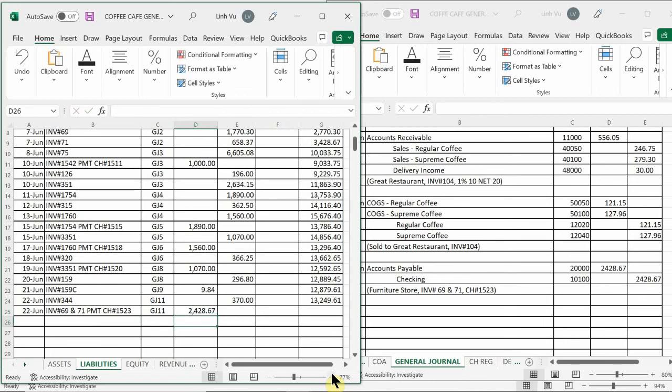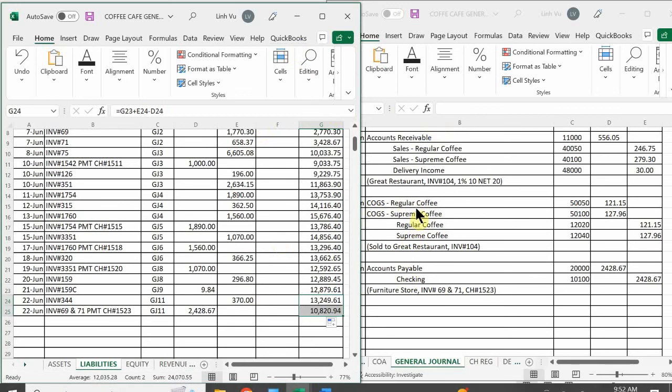Yes. So how much money do I owe now? $10,820.94. Good. Awesome. So we updated our journal, our ledger, our subsidiary ledger.